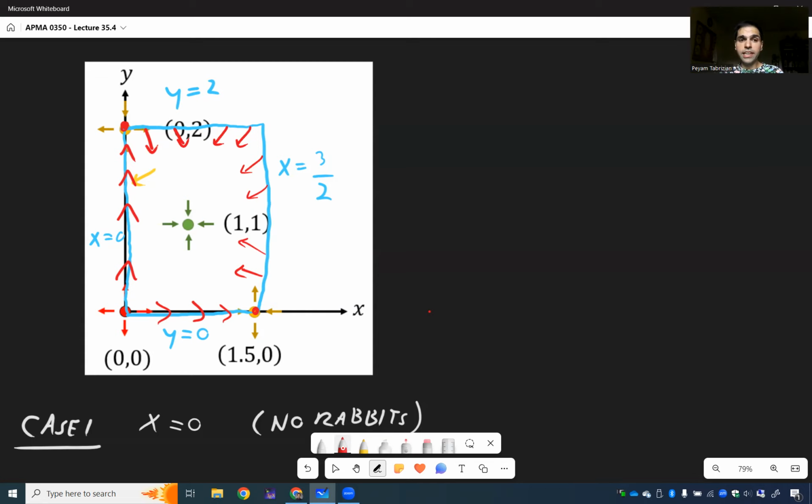And the cool thing is, now if we look at this carefully, it seems that all the arrows are pointing to (1, 1). And in fact, this is what's going on. If you're actually in this box, it seems that everything will converge to this stable equilibrium point.